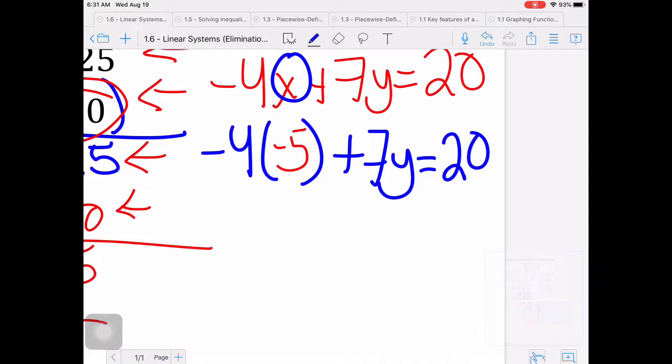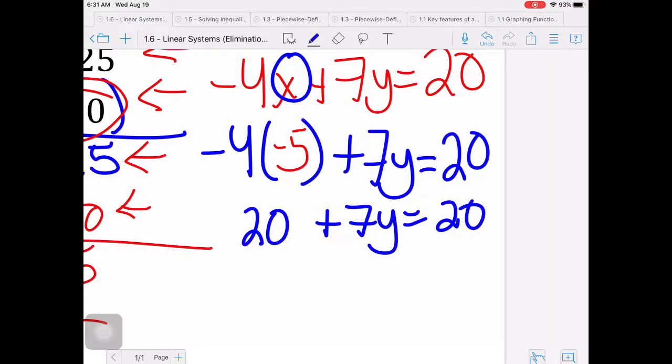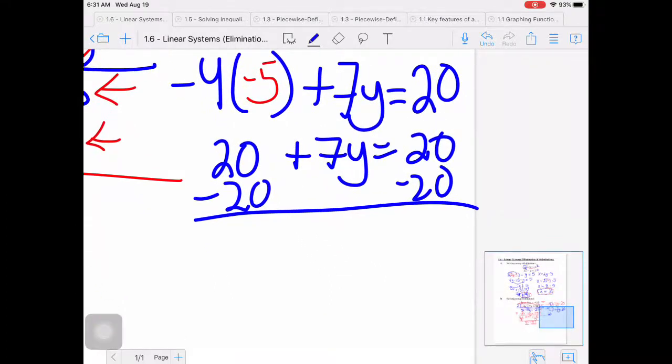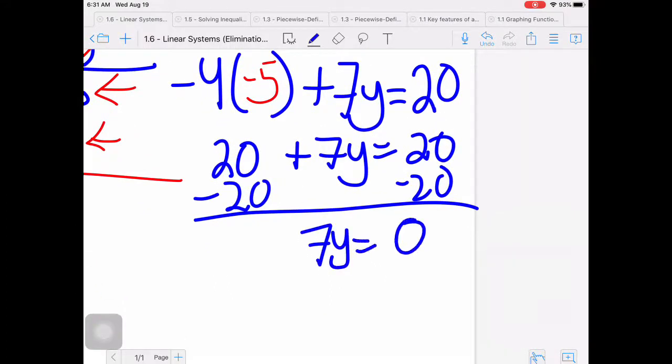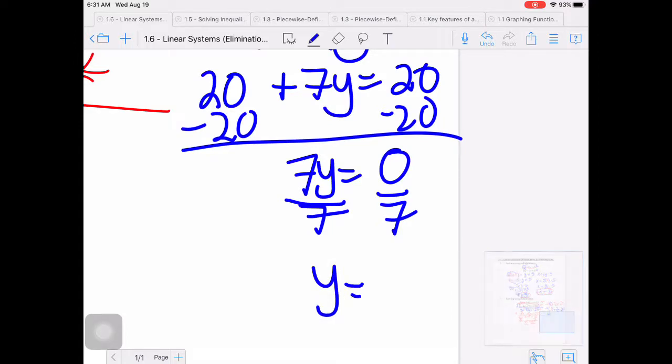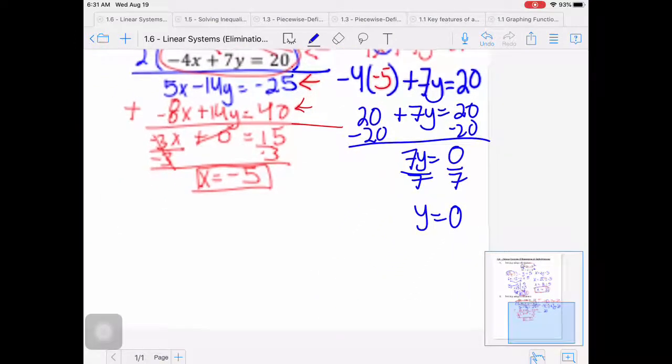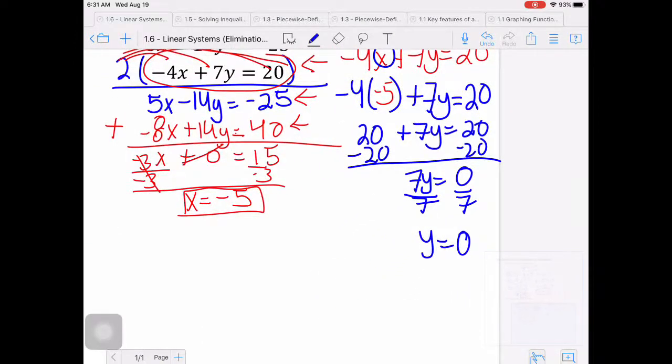So this is going to be -4 times -5, which is 20, plus 7y equals 20 minus the 20. Cool, this is going to be great. So that is 7y equals 0, which makes it so much easier. Still divide by 7. So y equals 0.